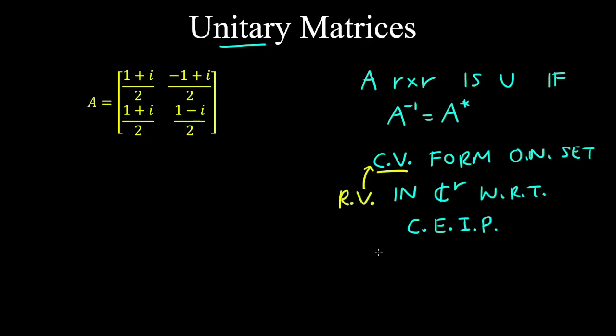And some other properties of unitary matrices is that the norm of the product of A with the vector v is equal to the norm of v for all vectors v in C^r.